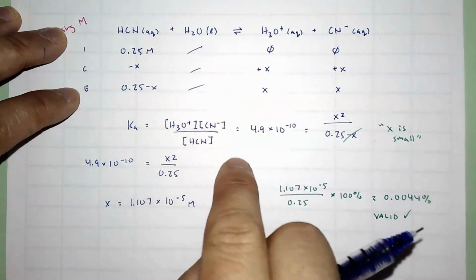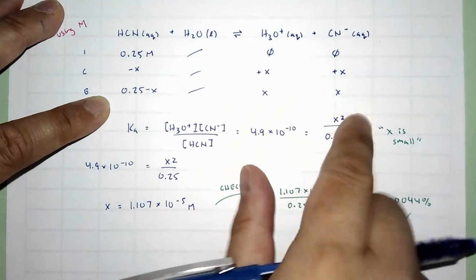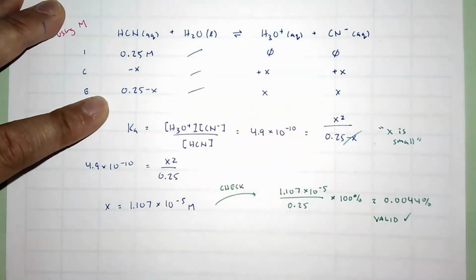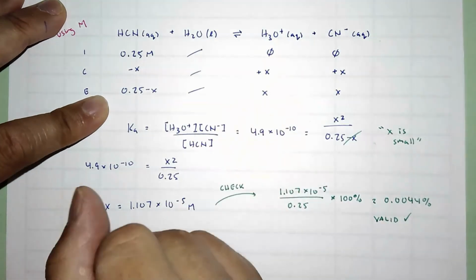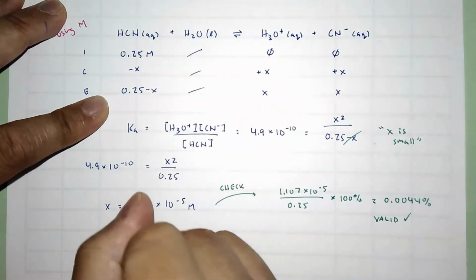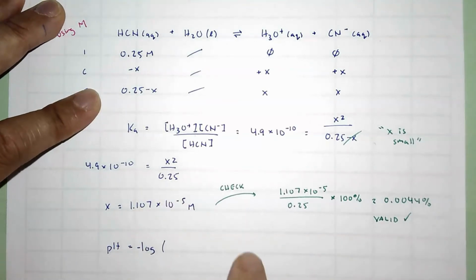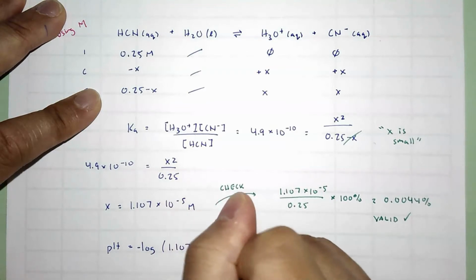For your equilibrium problems, they typically ask what are the equilibrium concentrations of each component. But in this acid-base unit, we're looking for pH. There is a hydronium concentration. We know that pH equals negative log of the concentration of H3O+. That is, for us, 1.107 times 10 to the minus 5.